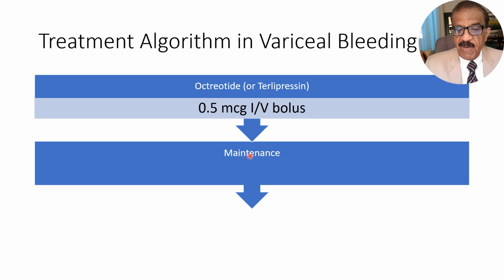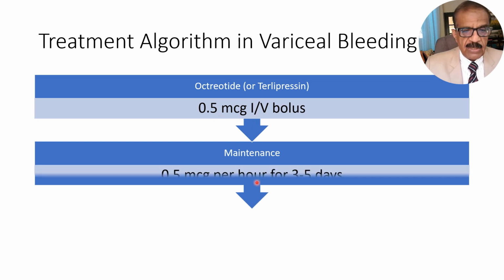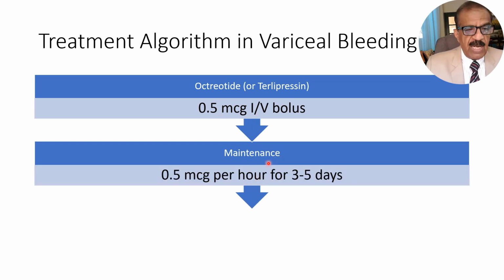One ampule is going to cause some immediate benefits, but it is not going to last. So we have to give it in maintenance, 0.5 mcg per hour for 3 to 5 days. The remaining 4 ampules may be diluted in 100 ml of saline, and the rate is set to give approximately 0.5 mcg per hour, and it is continued for 3 to 5 days.